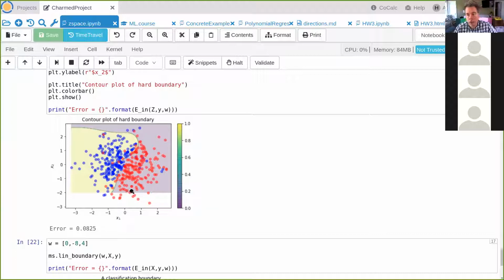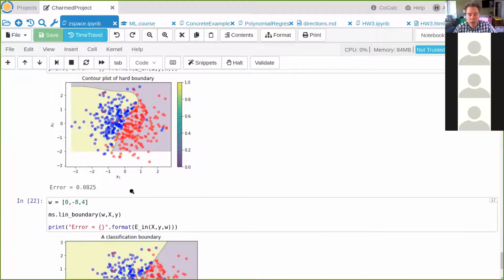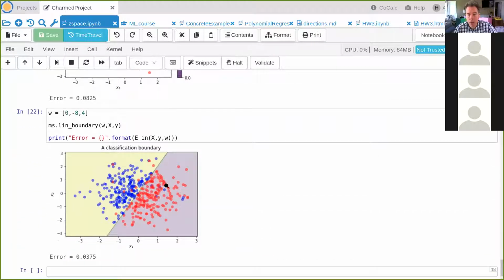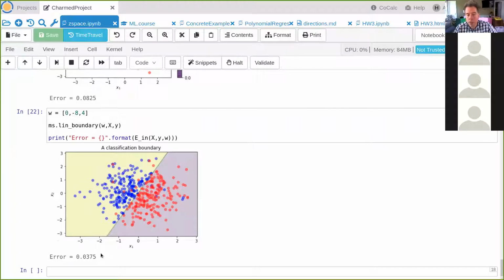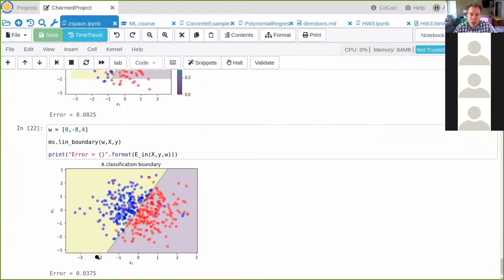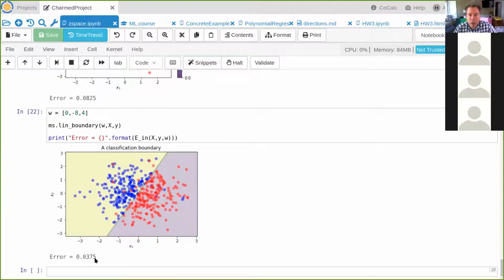So how does that compare with just the original line? We know that asymptotically the error of the original line is 5%, just because that's how the data gets made. Right now it's 3%. So the simpler model is actually doing better here.